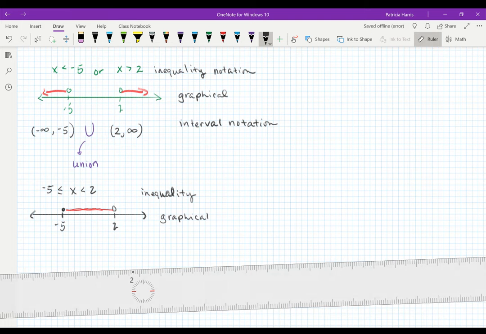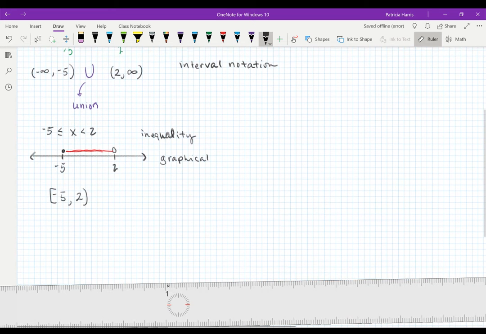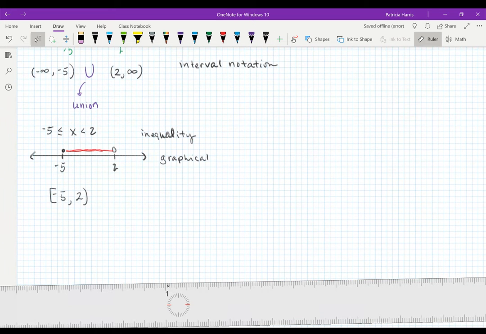And then finally, we can actually write this two ways. Probably the most common way would be this. That would be our interval notation. But just so you are aware, a less common way to write it would be this.